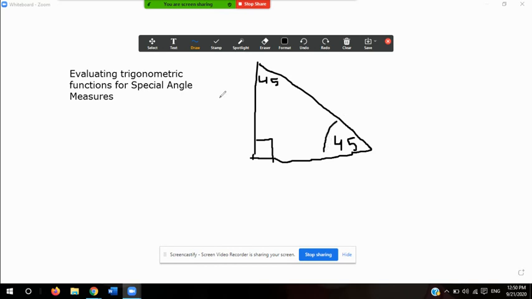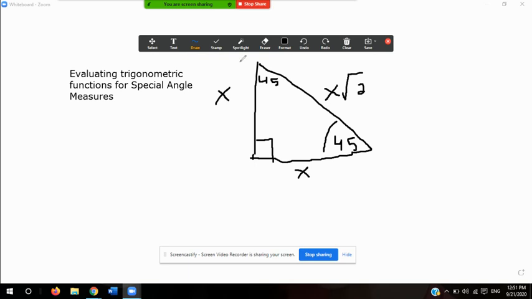We know that the sides of a 45-45-90 are x, x, and x times the square root of 2, although your textbook has it expressed as the square root of 2x, which is the same thing.